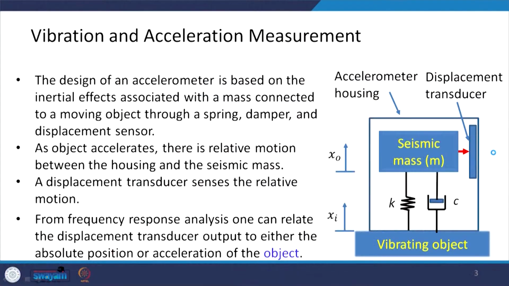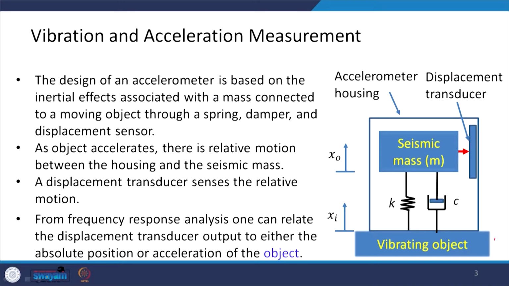How they sense the acceleration, we will be discussing during the next 30 minutes. These devices, that is piezoelectric elements or strain gauges, convert acceleration into a voltage signal, and these voltage signals are then sensed.